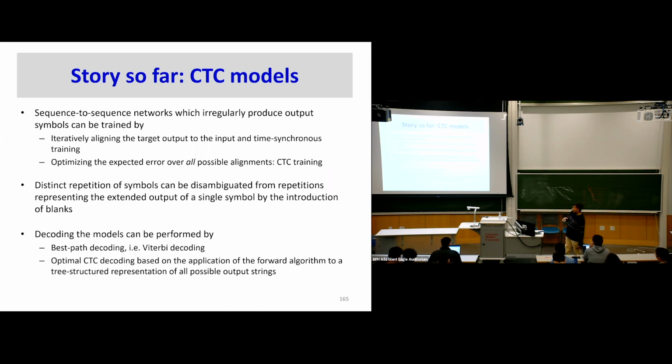And decoding can be performed by best path decoding, which is greedy, right? That's not BW, it's greedy decoding. Or you can do the optimal decoding, which is based on the application of the forward algorithm to a tree-structured representation of all possible output strings. Any questions?